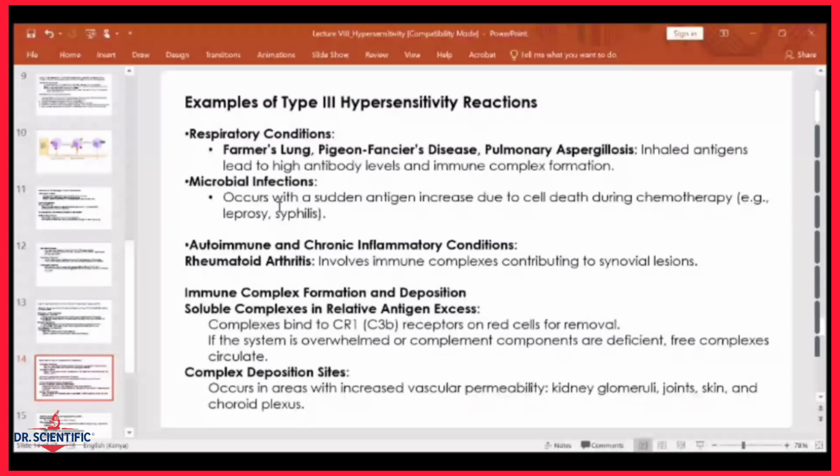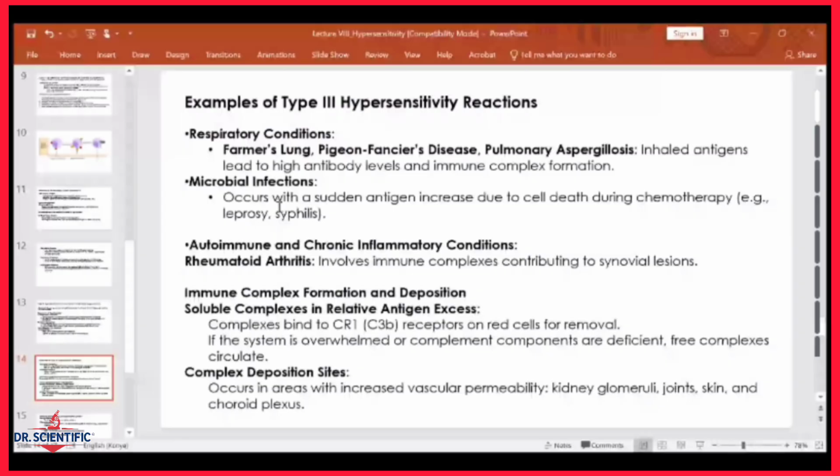So examples of conditions that are triggered by this would include things like farmer's lung, pigeon fanciers disease, pulmonary aspergillosis. These are antigens that you can inhale, and they lead to high antibody levels in the body because there's just the formation of an immune complex, that is antibody antigen, and this is triggering these reactions.